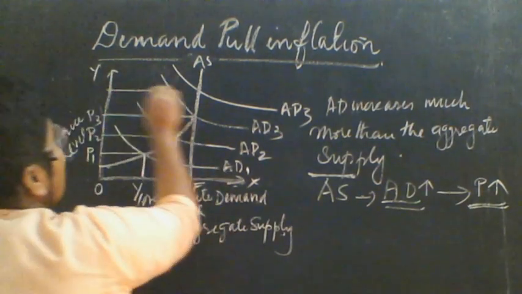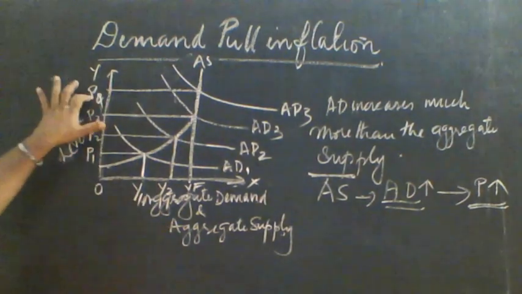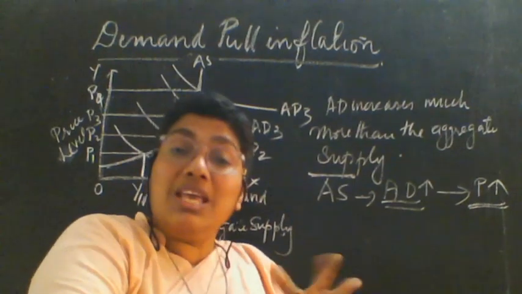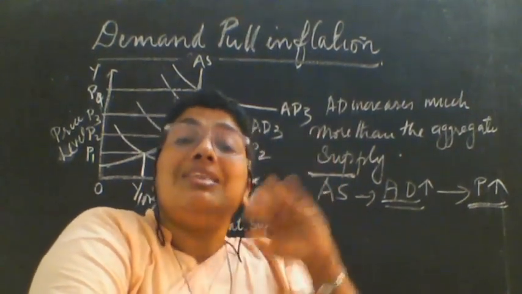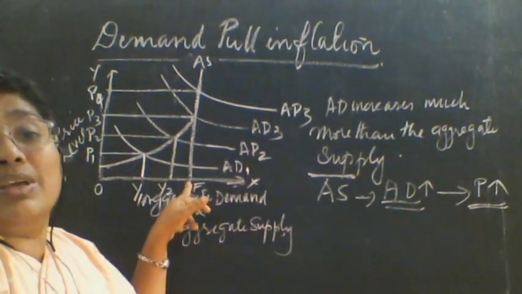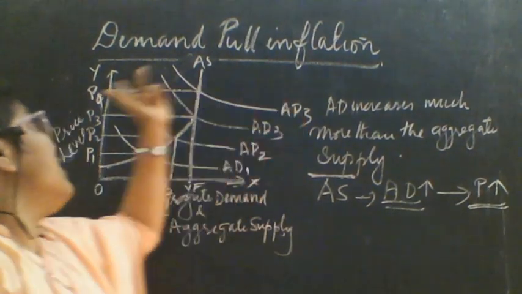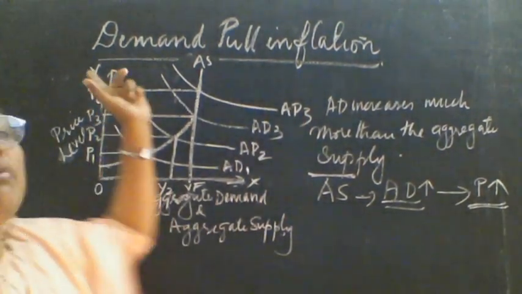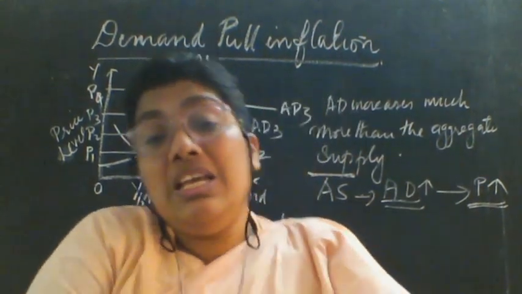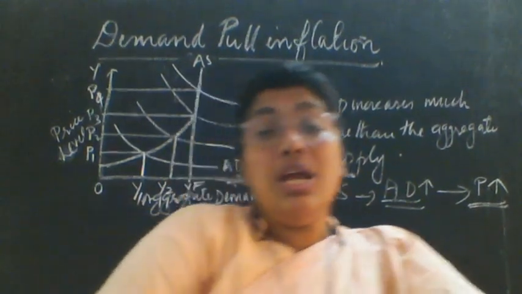A price level increase from P3 to P4 is considered inflationary, caused by an increase in aggregate demand given the aggregate supply. P3 to P4 is the real problem of inflation because output does not increase. Okay students, so this is called demand pull inflation.